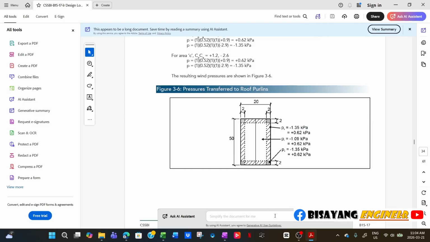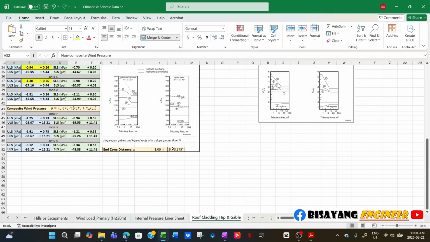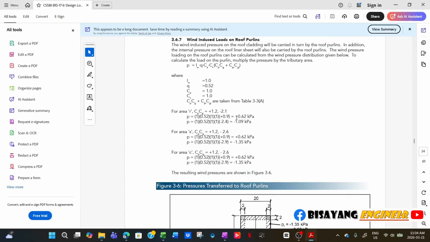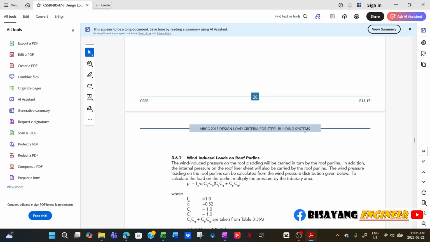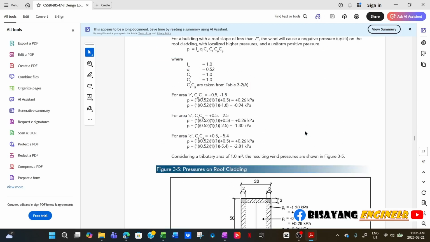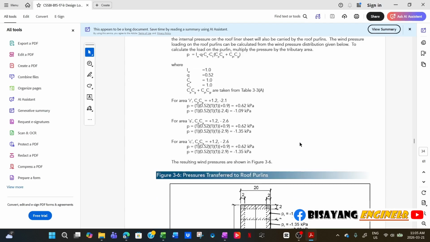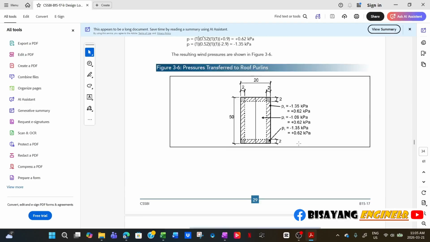In my calculation here, for example, on this one here is 0.62 and 1.9 for the zone R. So 0.62 is basically, like I said earlier, that you only have to add.